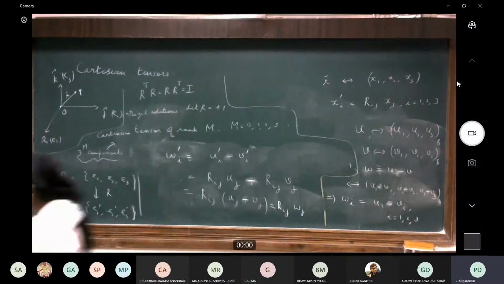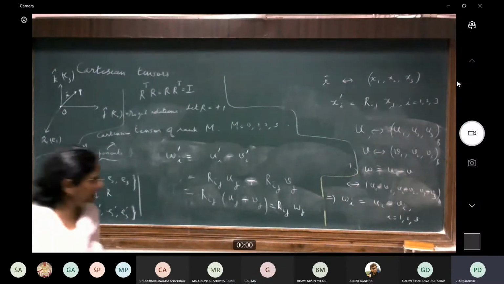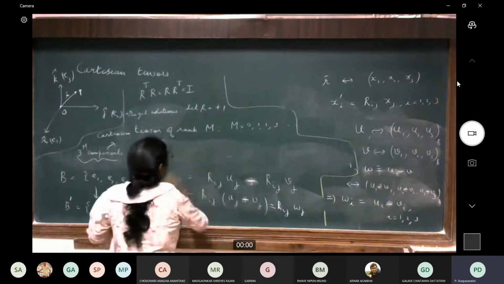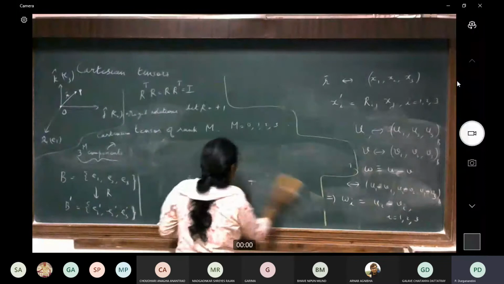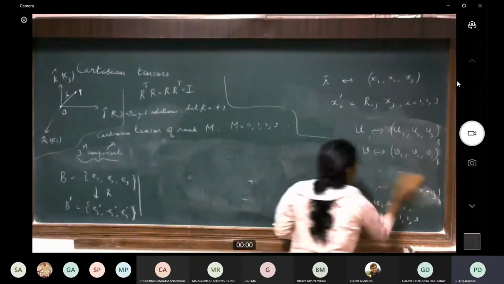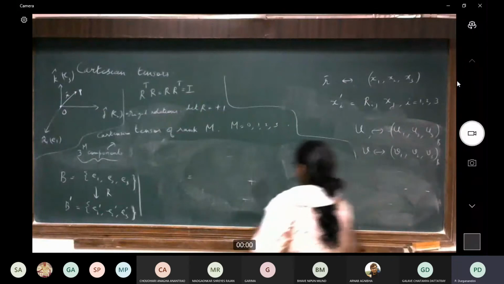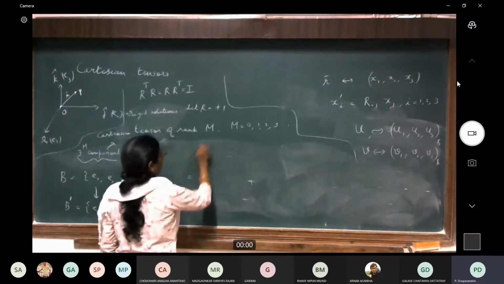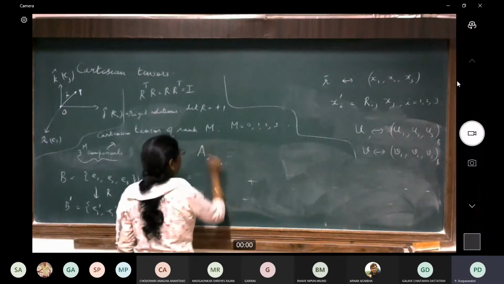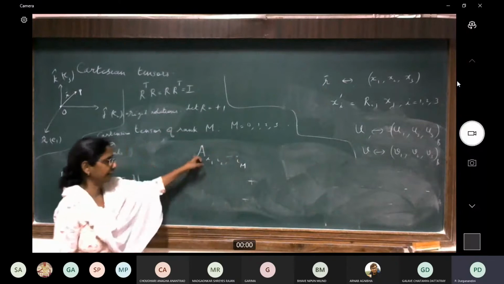Now you can ask the question, can I generalize this to higher rank tensors? What we'll say is we can do this. So let's assume that I have a rank m tensor. I can add two tensors of the same rank. So suppose A with indices i1, i2, up to im is a tensor which has rank m, so I have m subscripts to label that tensor.